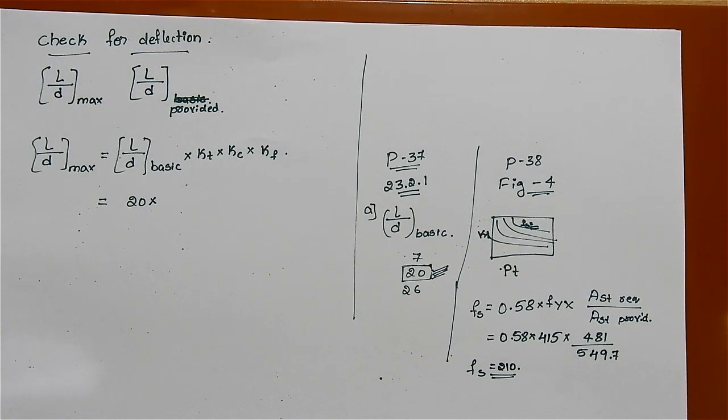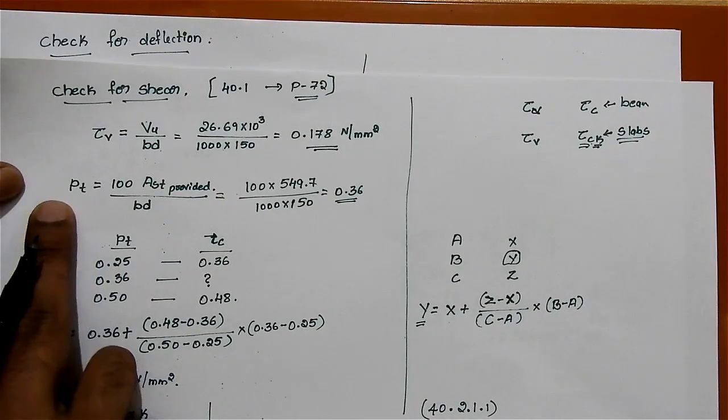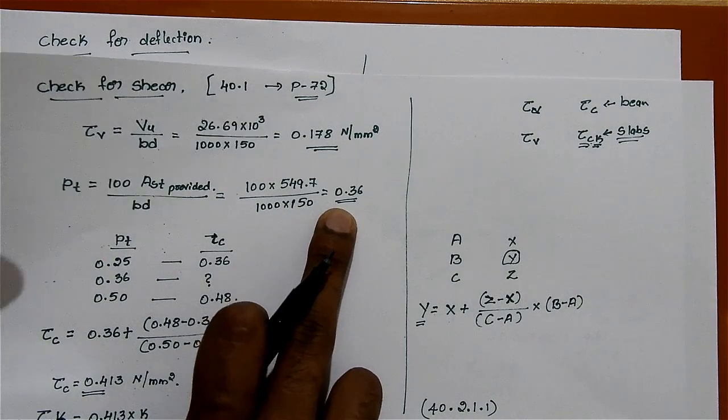Now the percentage of steel PT we have already calculated from the earlier formula. The PT value is 0.36.